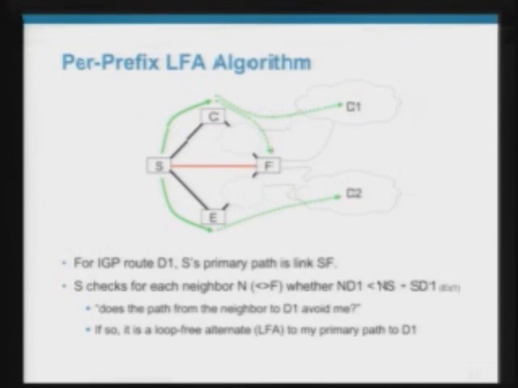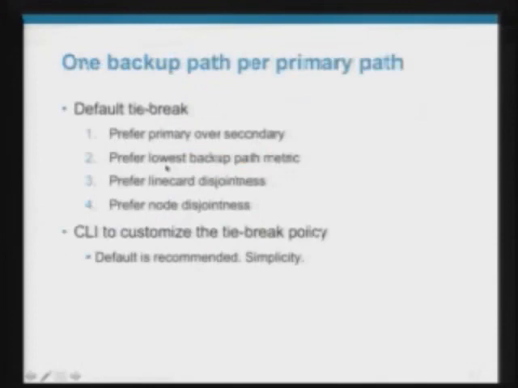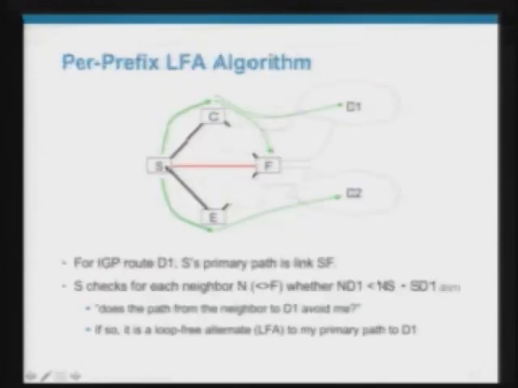In this case, if you look at a source of the traffic being S and the destination being D1, if the normal best path is through router F, what the routers do with loop-free alternates is to look at every other neighbor other than the one whose failure you're looking at, and see if S were to send its traffic to C, would C just send it back to S for the destination D1, or would C forward to someplace else that would go on?